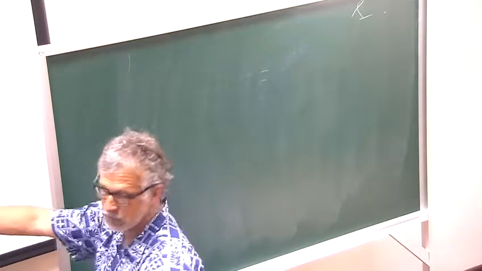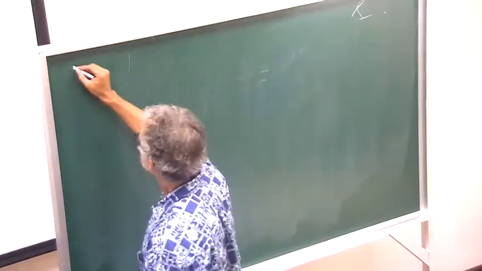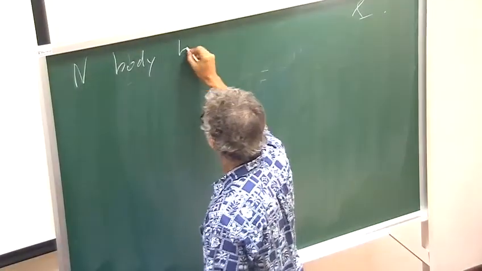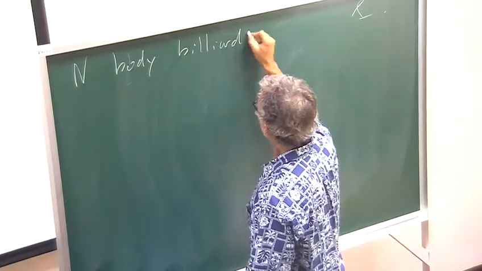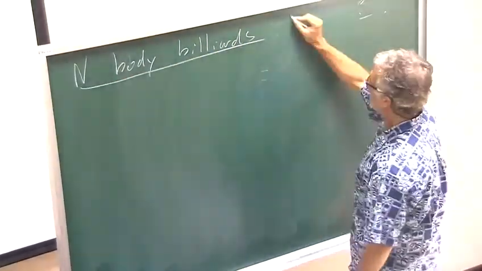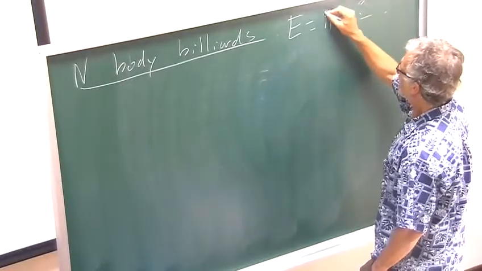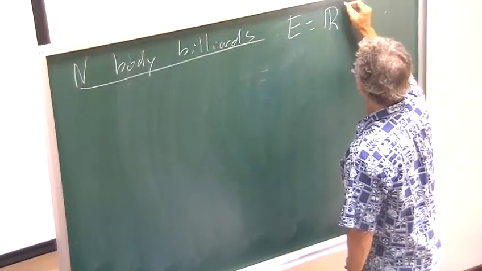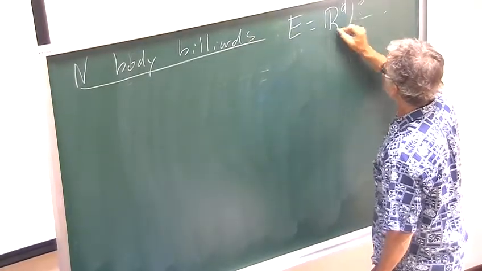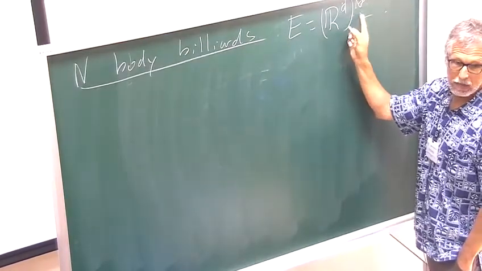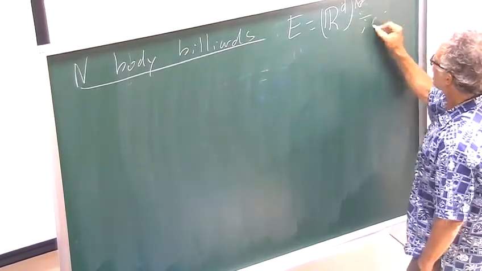I'll tell you in 2 parts. So first I will tell you what this has to do with the n-body problem. So I call it n-body billiards. So then E is, let's do it generally, n copies of R^D. So usually D is 3.